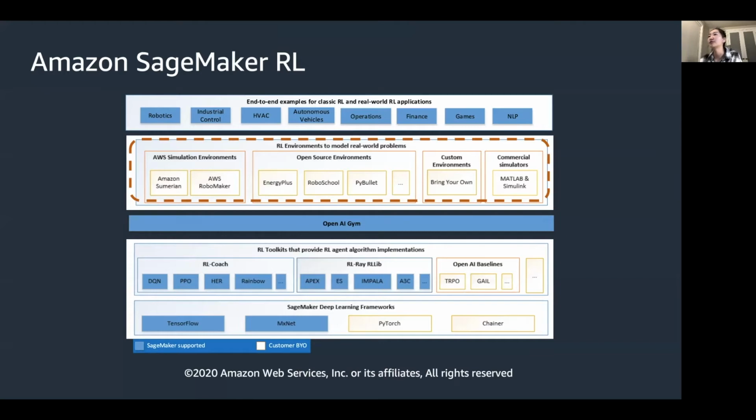You can also build your own custom environment so that you can code this up and bring that into SageMaker RL. As a matter of fact, this will be the case in the second part of our presentation today, where we build our inventory management simulator and bring it to Amazon SageMaker RL. Lastly, you can also connect to commercial simulation environments, such as MathWorks Simulink, if you're doing manufacturing type of use cases.